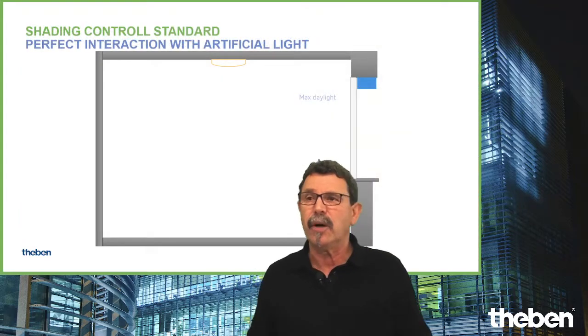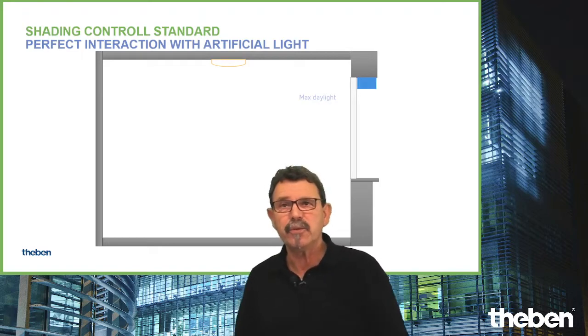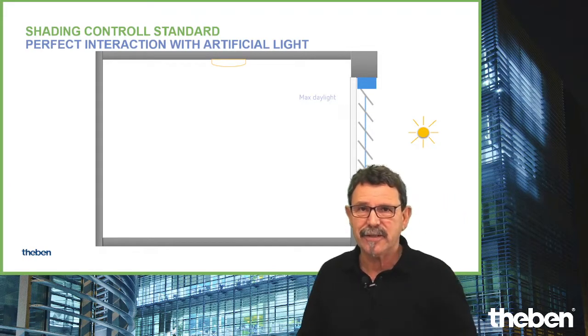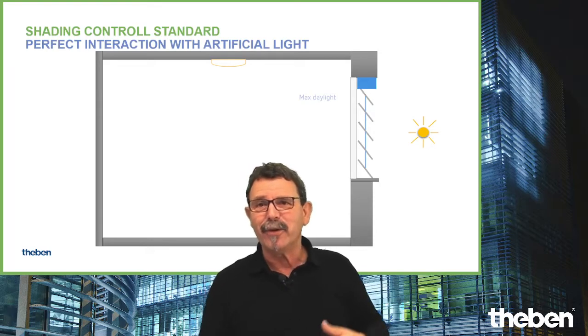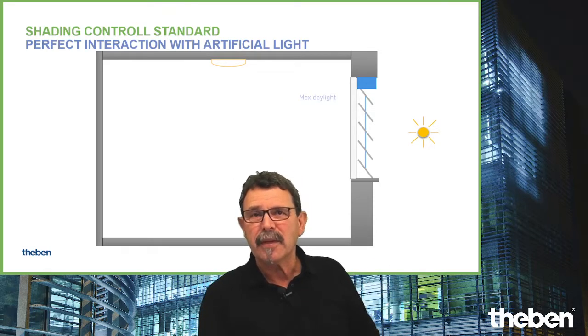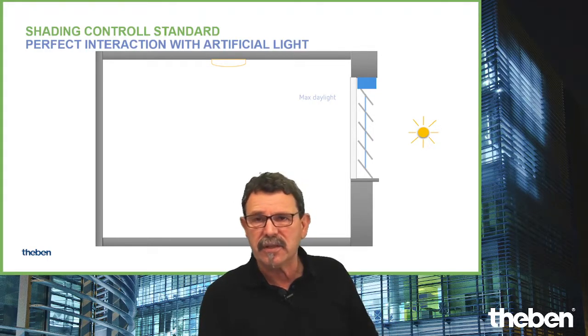So how you have to imagine: for instance, we assume this one is here a room. The sun is rising, and the brightness is increasing. For instance, the set brightness is approximately 10,000 lux.